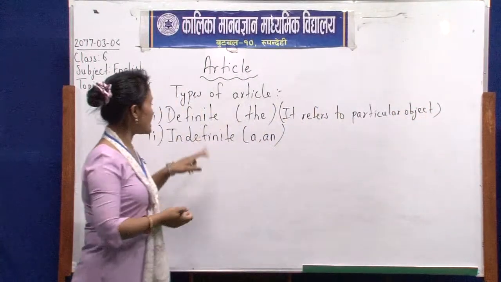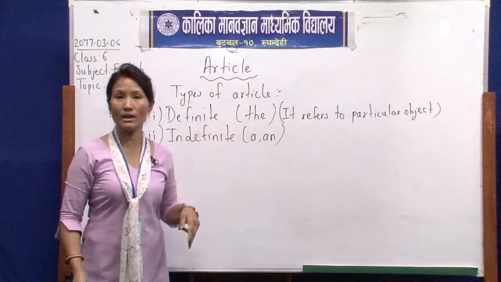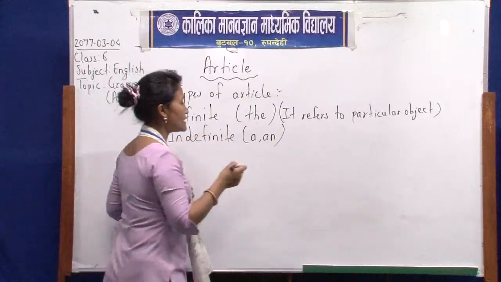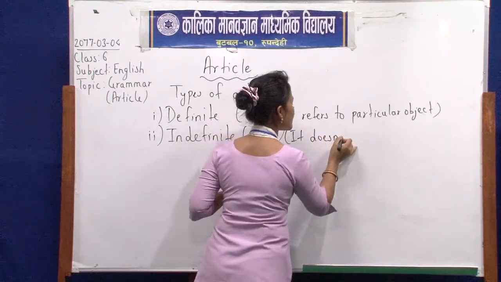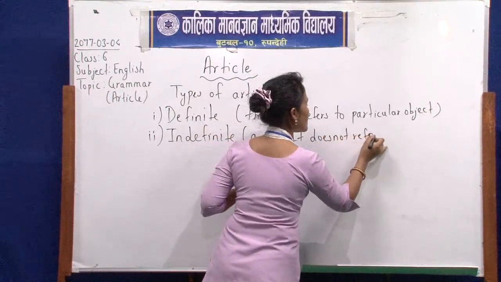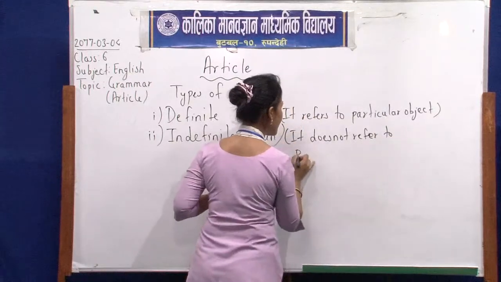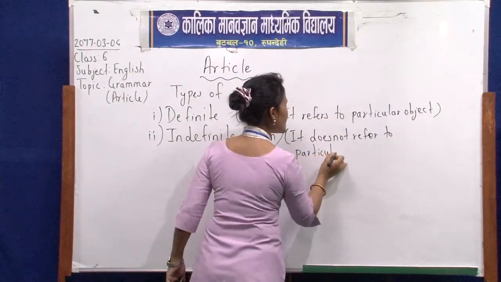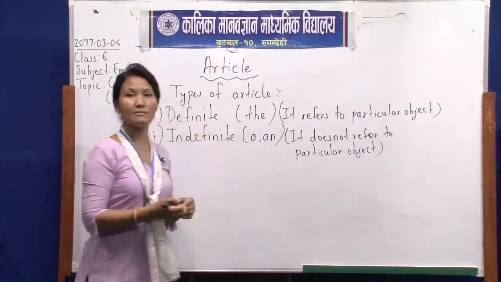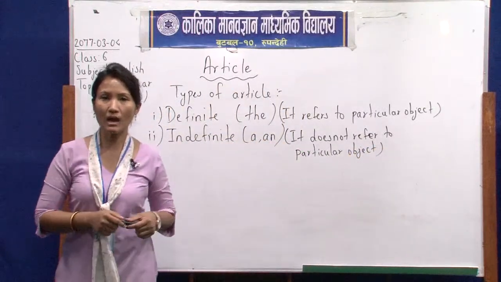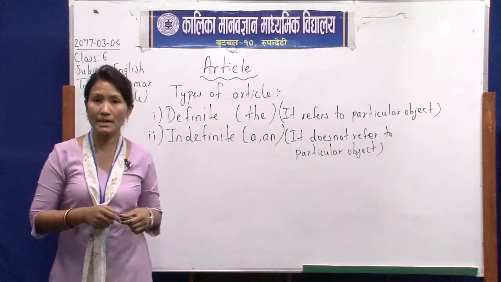Okay, definite article, it refers to particular object, but indefinite article, it does not refer to particular object. Now still you might be confused about what is particular object and what is not particular object.